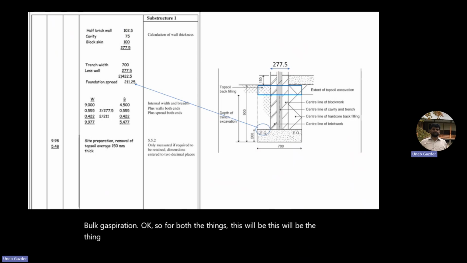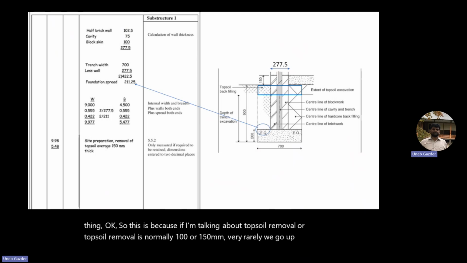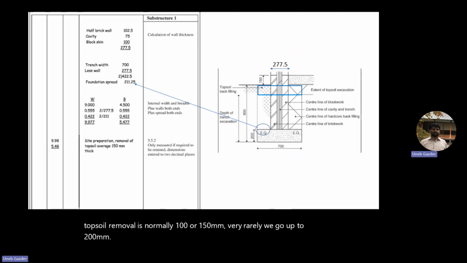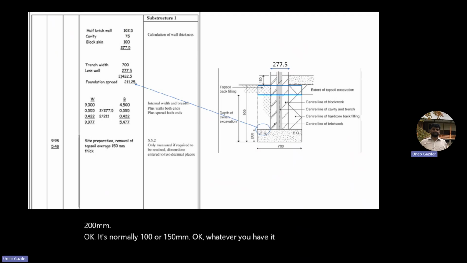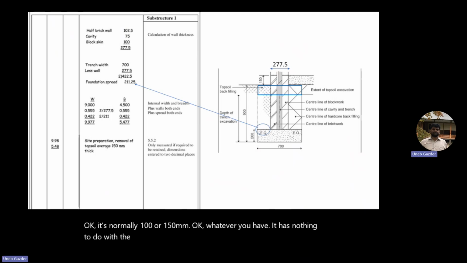Okay, so this is because if I'm talking about topsoil removal, topsoil removal is normally 100 or 150 millimeters. Very rarely we go up to 200 millimeters. Okay, it's normally 100 or 150 millimeters. Whatever you have, it has nothing to do with the ground level and the excavation level or whatever level.